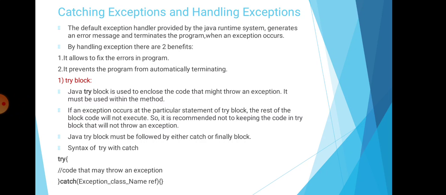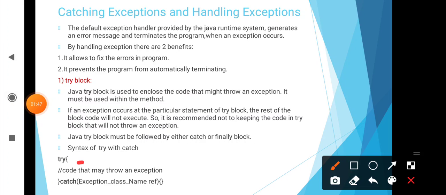Then the syntax for try with catch. Here is the try, then an opening curly bracket, then code that may throw an exception, and closing try, then catch, exception class name, then a reference in opening and closing brackets. The Java try block is used to enclose the code that might throw an exception, and it must be used within methods.